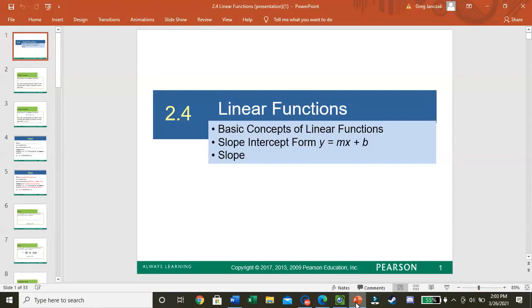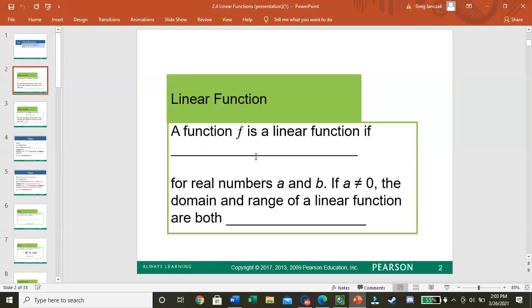All right. Let's take a look at lesson 2.4, linear functions. The objectives are: we're going to go over basic concepts of linear functions, the slope-intercept form of a function, and slope.